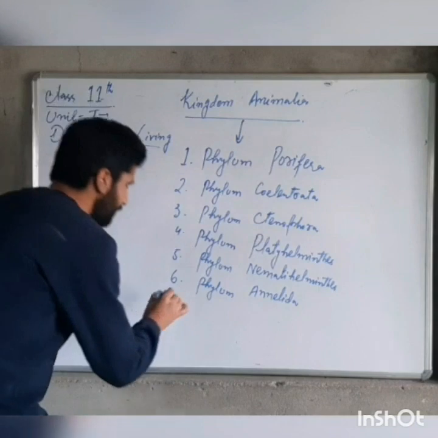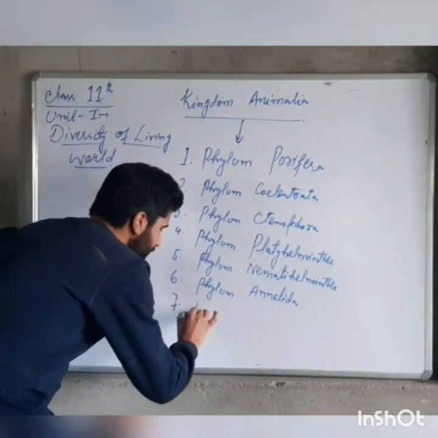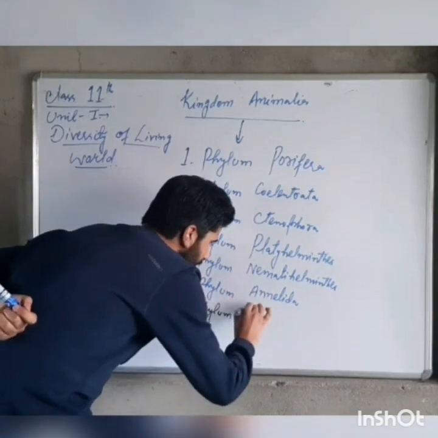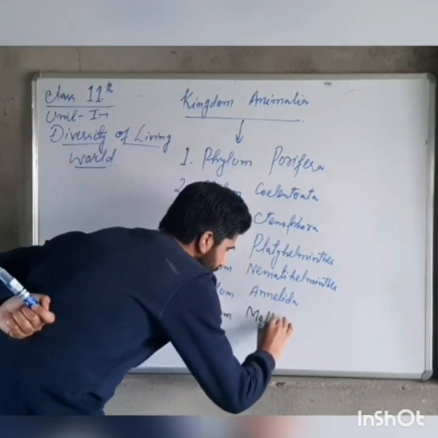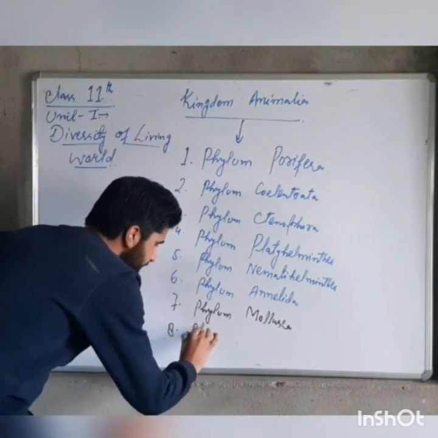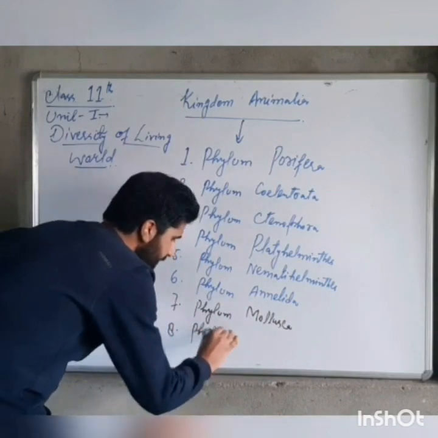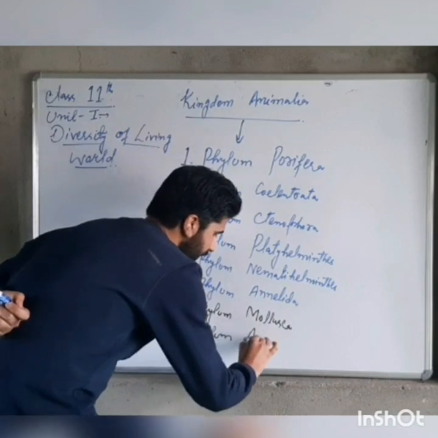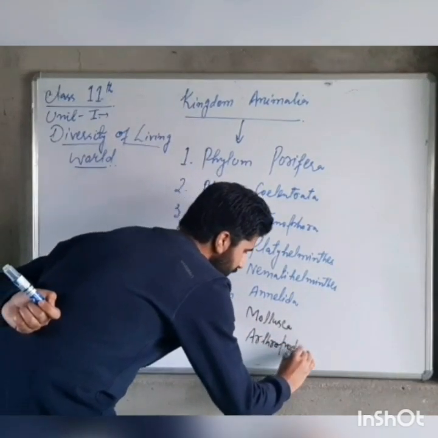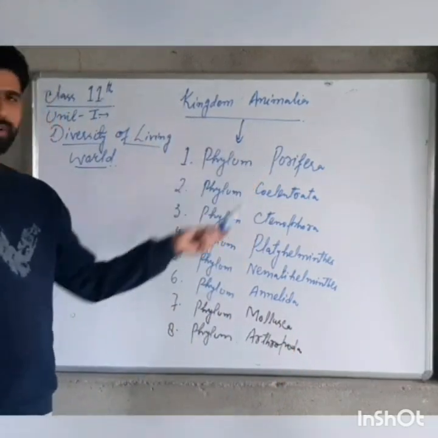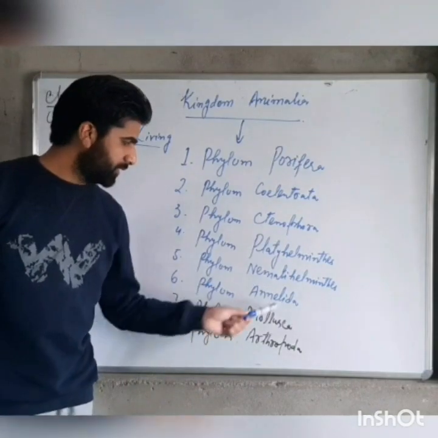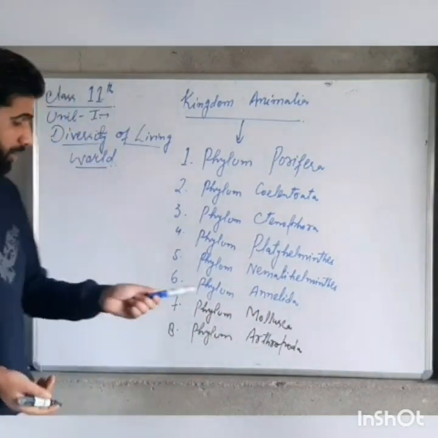Seventh one is phylum Mollusca. Eighth one is phylum Arthropoda. So the first eight are Porifera, Coelenterata, Ctenophora, Platyhelminthes, Nematohelminthes, Annelida, Mollusca, Arthropoda.